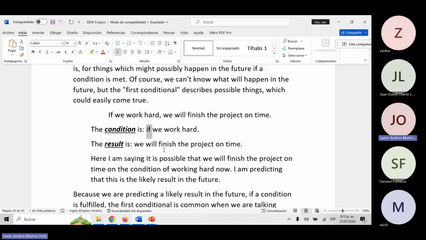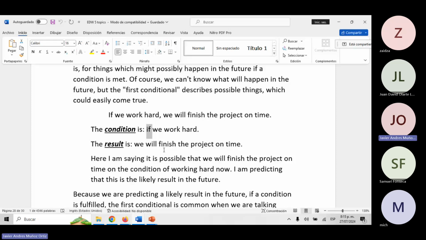We finish the project, we finish the budget for our business in 2 days, or maybe 3, and that's it. So we finished on time. So we have experience, we have knowledge, we have background that says this is going to be the same for the next series of events.